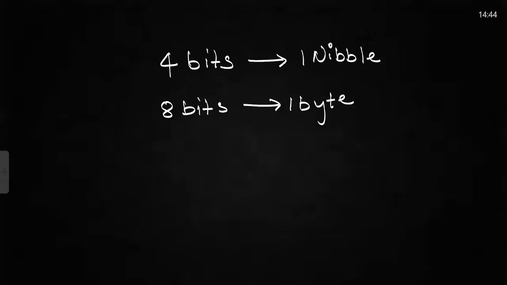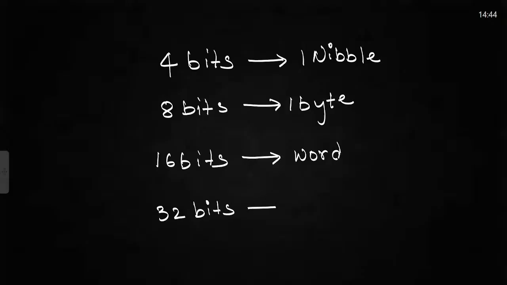So you probably would have heard byte. Byte means 8 bits. Similarly for 16 bits, we will call it a word, and for 32 bits we'll call it a double word.